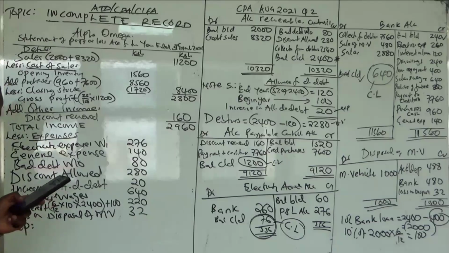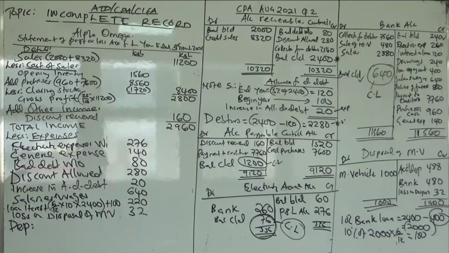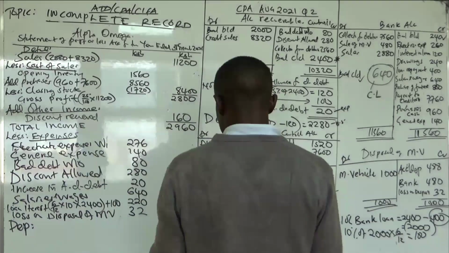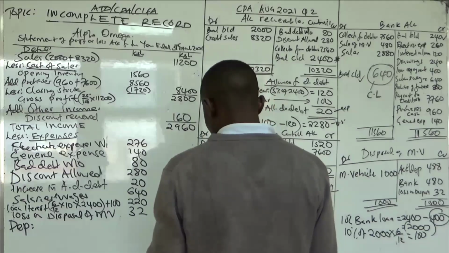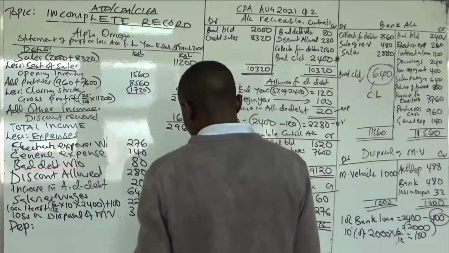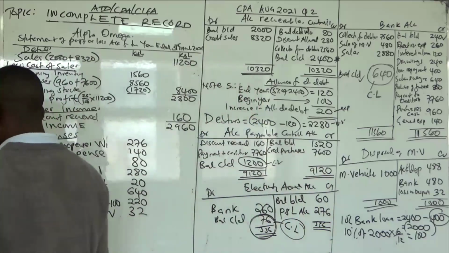Let us read that note. Let us see motor vehicle at the end of the year. What was the balance at the beginning? Motor vehicle cost how many shillings? 3,000. That is the beginning of the year.